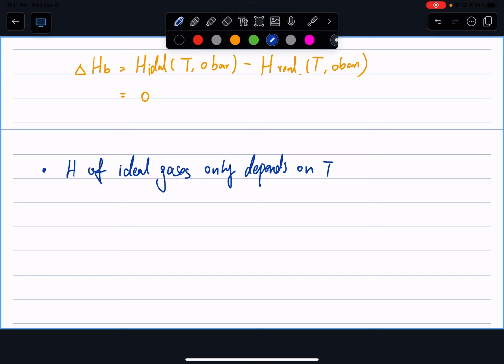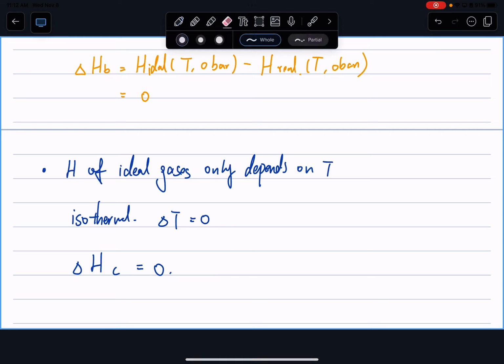For an isothermal process, delta T equals 0, so obviously your delta H_C will also equal 0. If you want to write this out, delta H_C is the integral from T1 to T2 of Cp as a function of T dT. Your temperature is not changing, so your enthalpy is not changing.